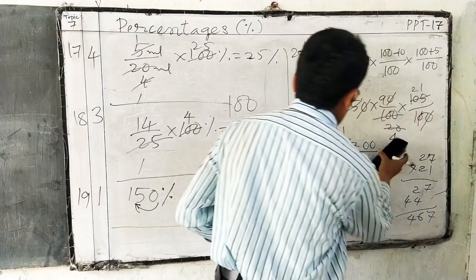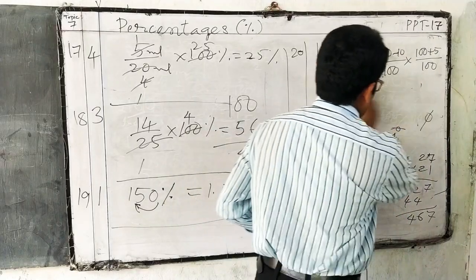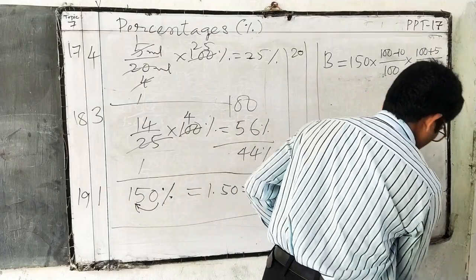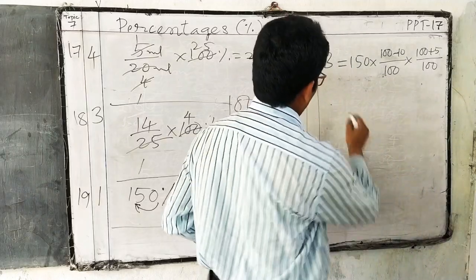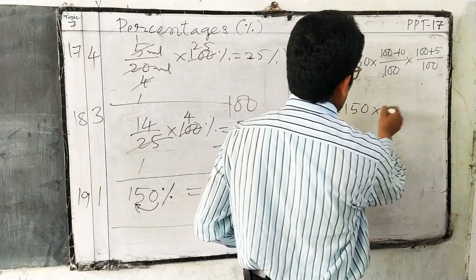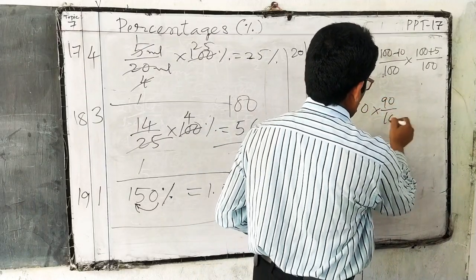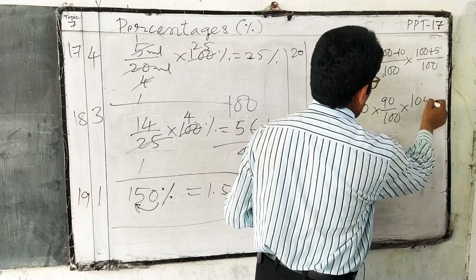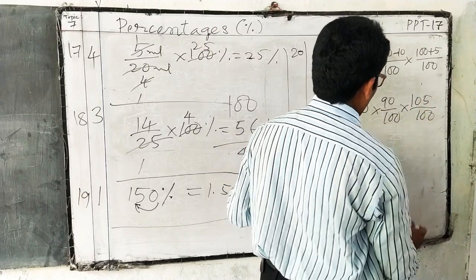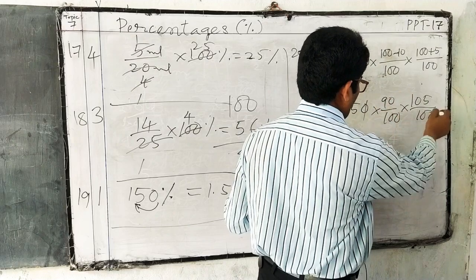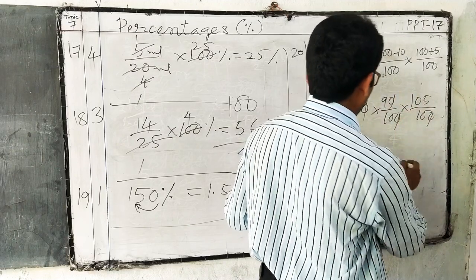Once again we can calculate this. 150, 90 by 100, 105 by 100. So 1 0 1 0.